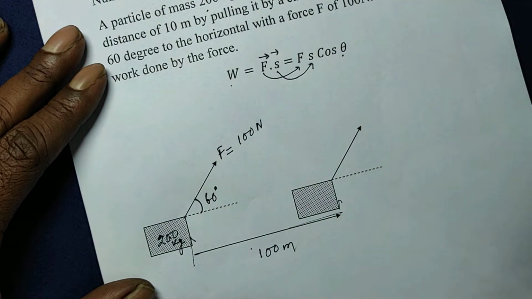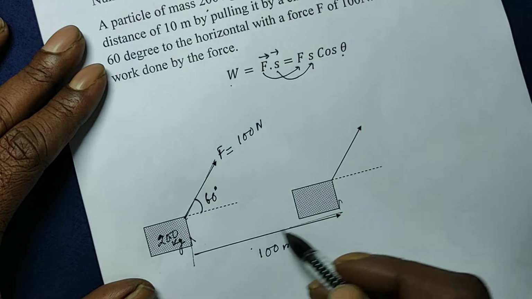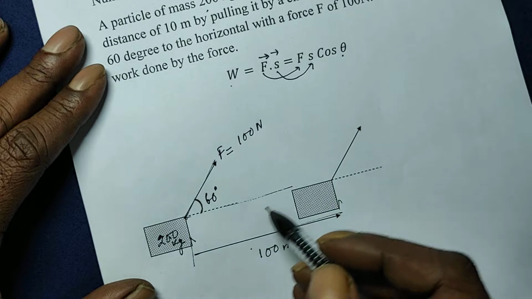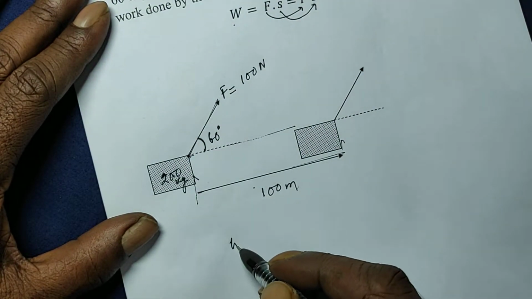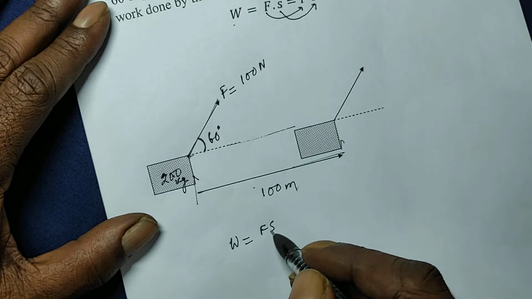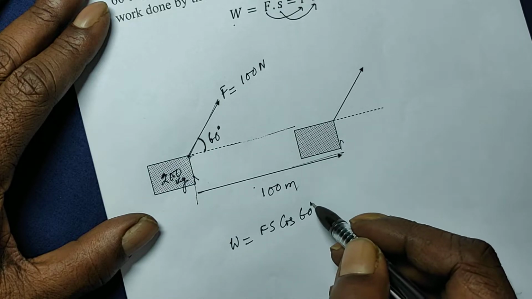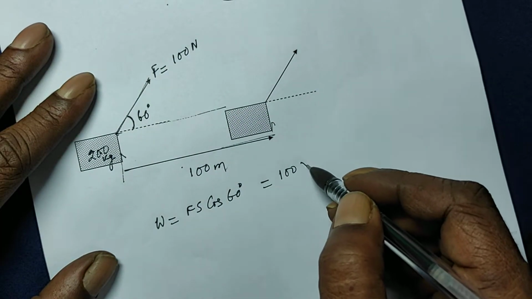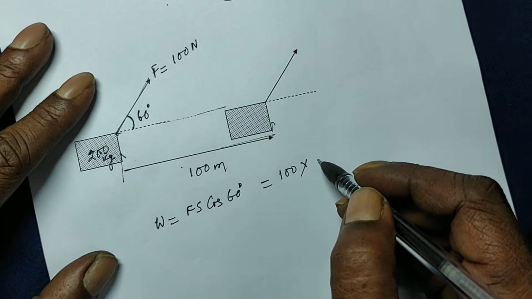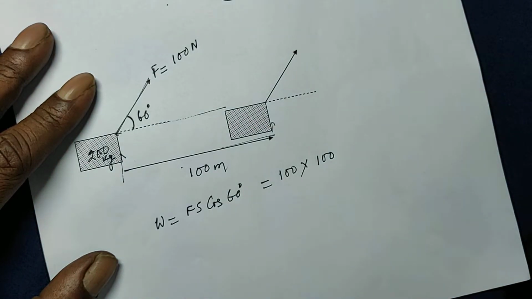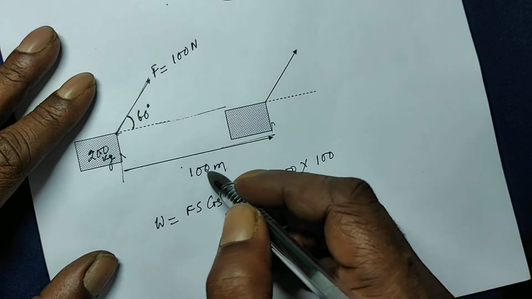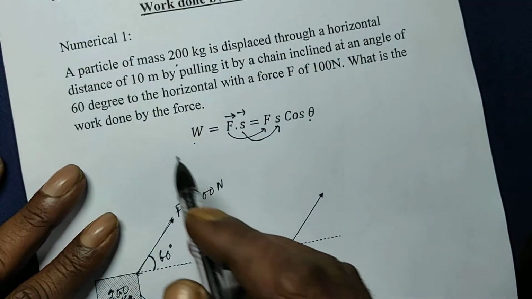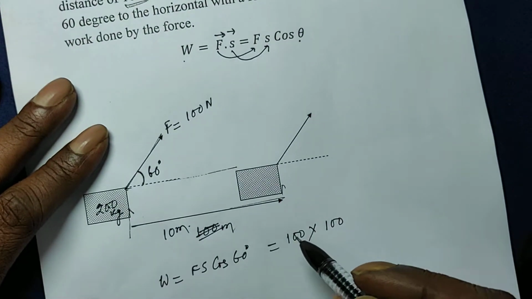Now, this force and this displacement, there is angle 60. So if you just put the values, your work done is equal to F s cos of 60. F is given as 100 Newton. Displacement is given as 10 meter.